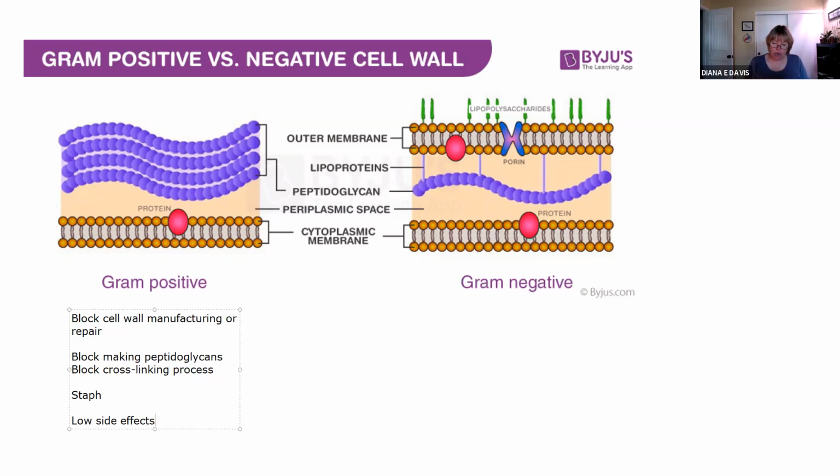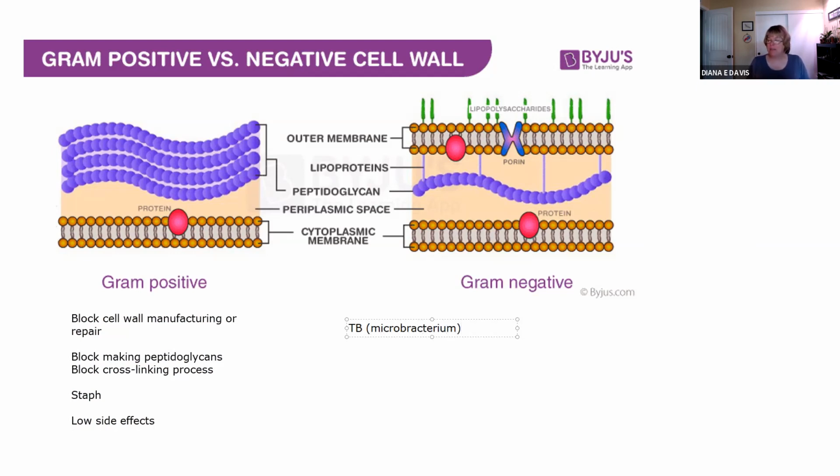These do not work on gram-negative bacteria, and they do not work on, did I put a list of these antibiotics? I don't think I've made a list of which antibiotics these are, but these antibiotics that work against gram-positive bacteria will not work against gram-negative, and they will not work against things like tuberculosis, which I'm just going to abbreviate TB, which is considered a mycobacterium.